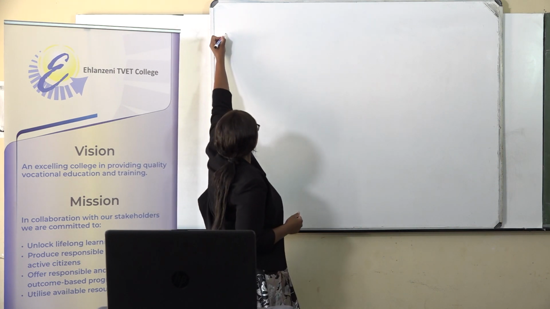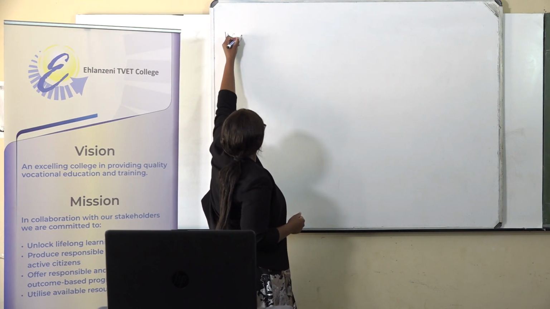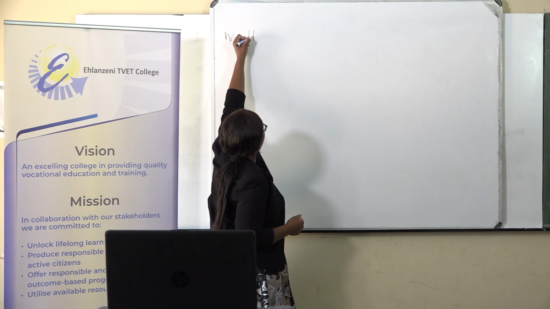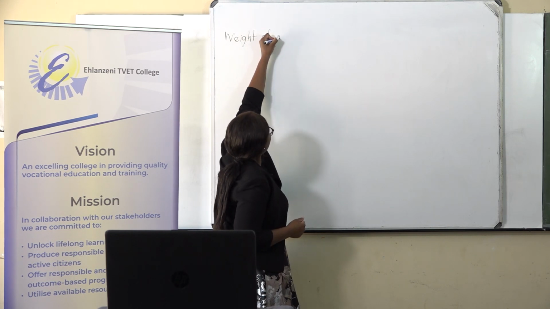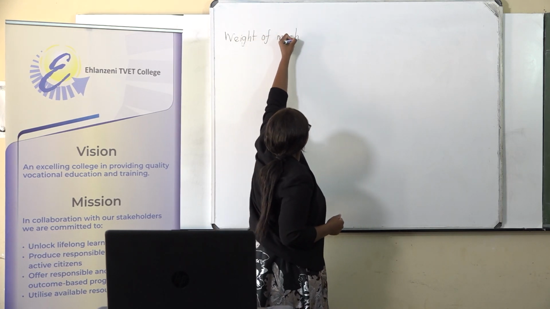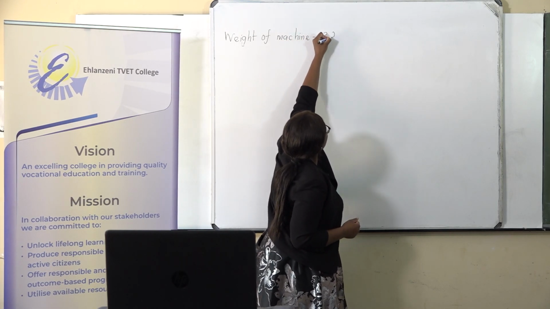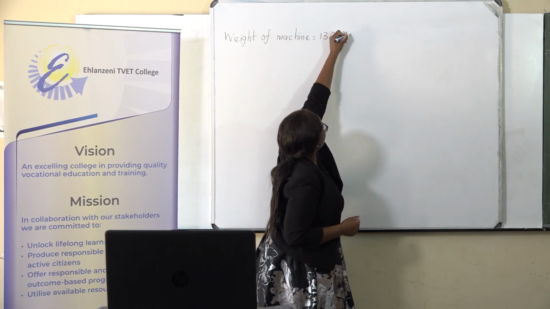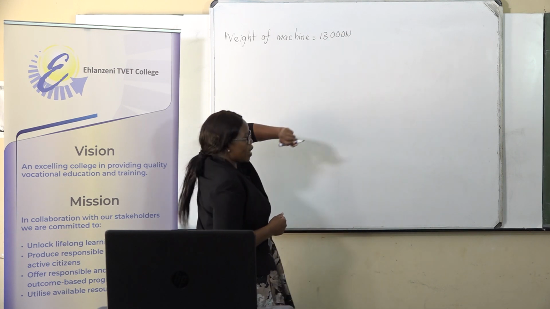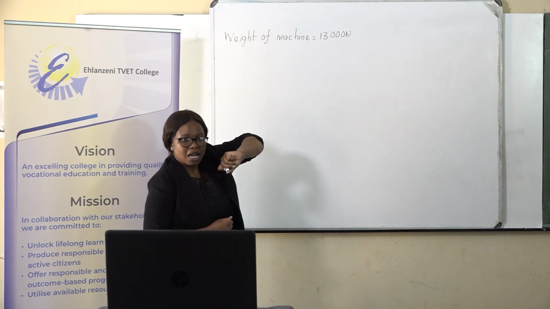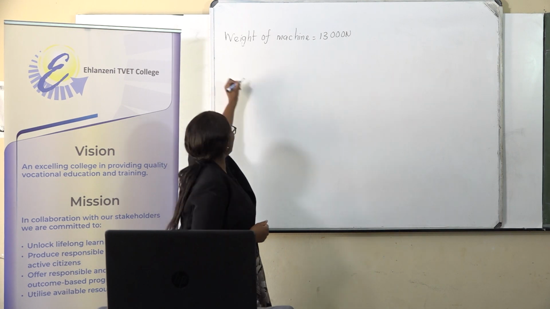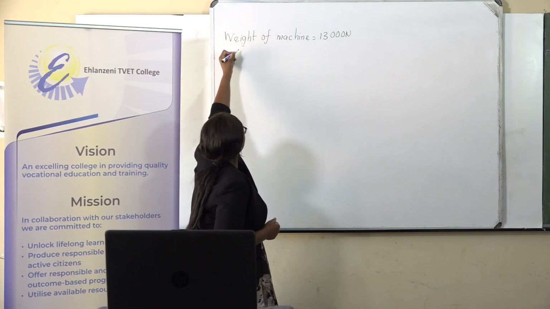The machine, we are given the weight of the machine, which is 13,000 newtons. And we have the weight of the chain.